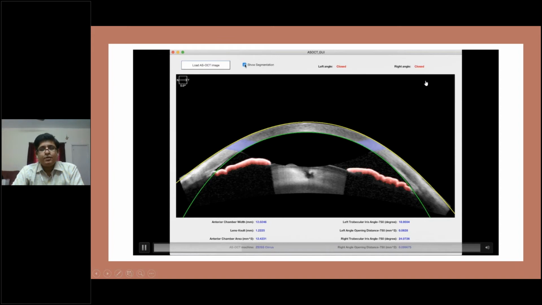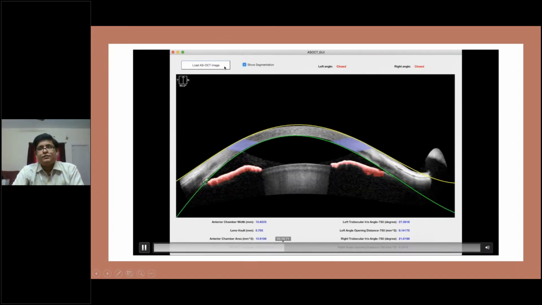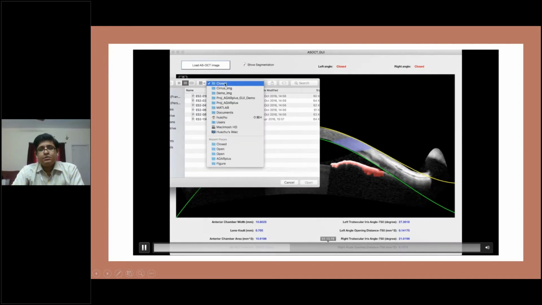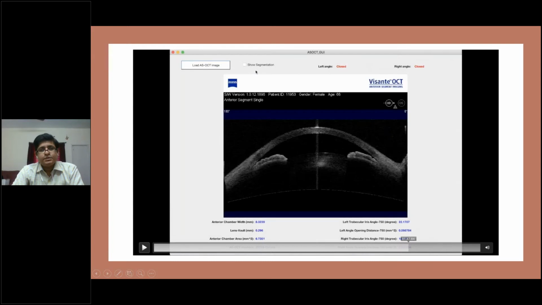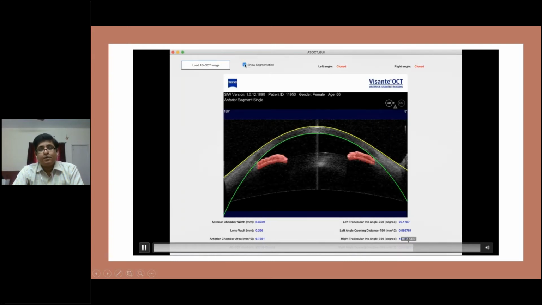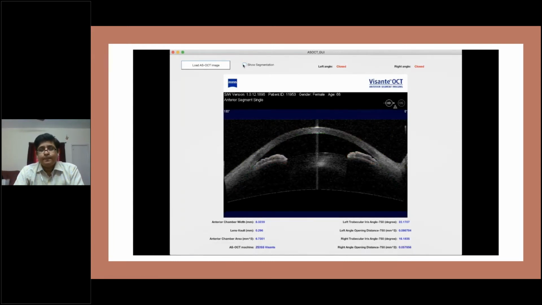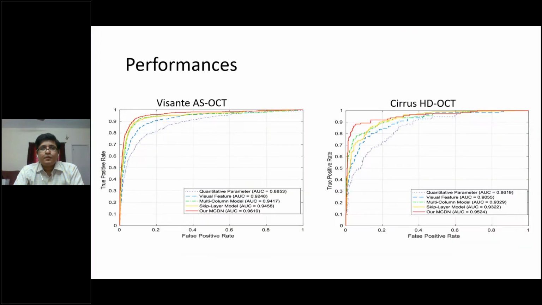So this works with any kind of OCT, and this can be a very useful tool to detect patients with angle closures in a clinic which has a higher prevalence of angle closure. And the performance of this device is quite good. It's almost 0.95, which is good for such detection purposes.